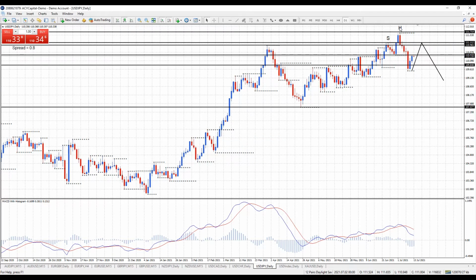And the question is, can we rally back up and put in the right shoulder? Okay. Now it doesn't matter if we get a bit short of the left shoulder here. We could come up to this top, that's at 110.96, or we could come back a little bit shy of that level. Doesn't really matter.